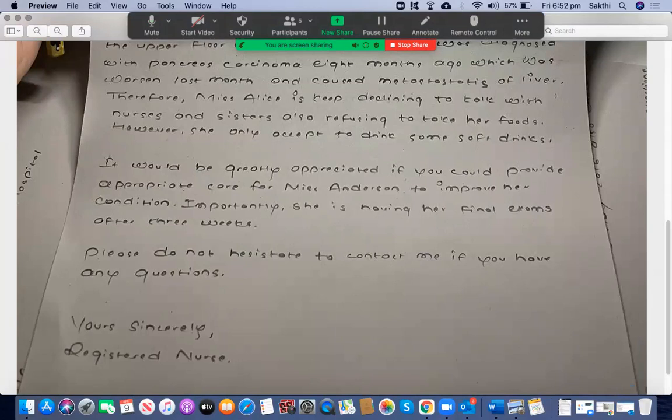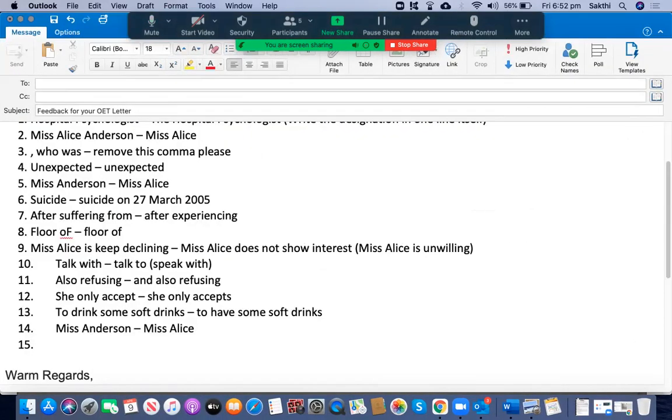And then to improve her condition, that's all right. Importantly, there should be a comma. That's right. She is having her final exam. See, again, this F, final exams. This is wrong. Final examinations. You need to always expand the abbreviation.